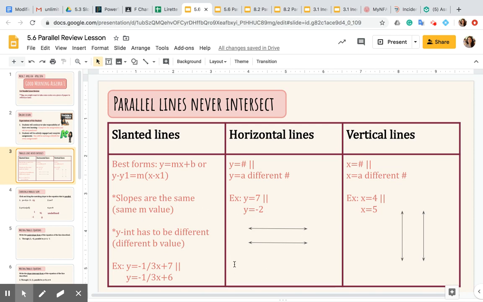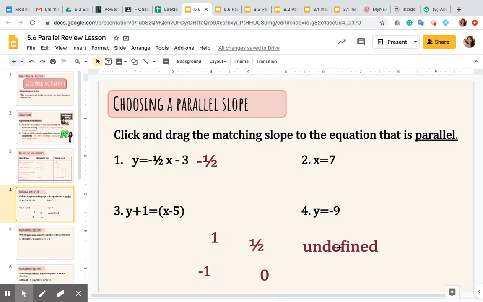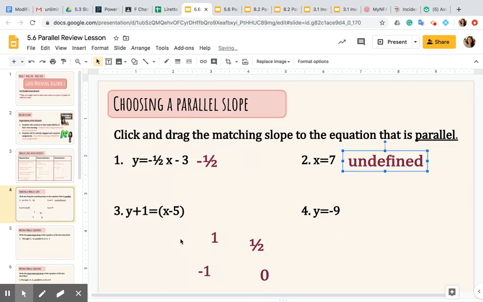And you know what? Maybe we should actually add that notation down here. Okay, so I'm going to say m equals 0 for horizontal. m equals undefined for vertical. Well, if your slope is vertical for x equals a number, that's the slope I want to drag and drop. Here's my answer.